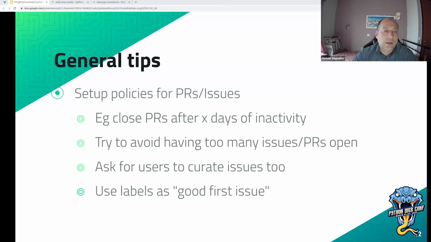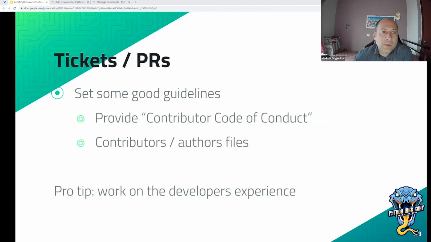And you can also utilize some practices, like placing the good first issue label. So this gives new contributors the ability to see what they can focus on. It's good when there's a contributor code of conduct where you specify how you expect the community to act.